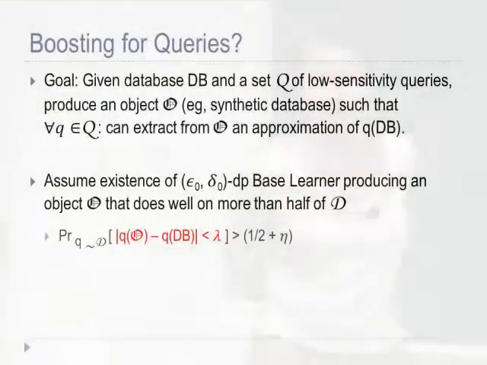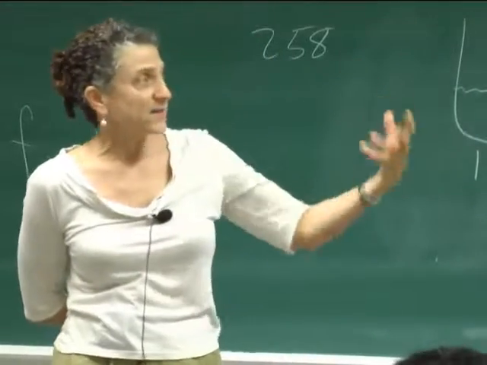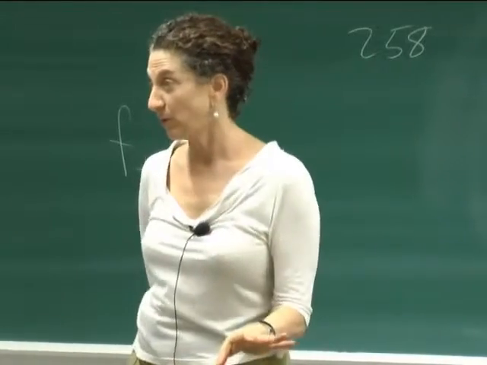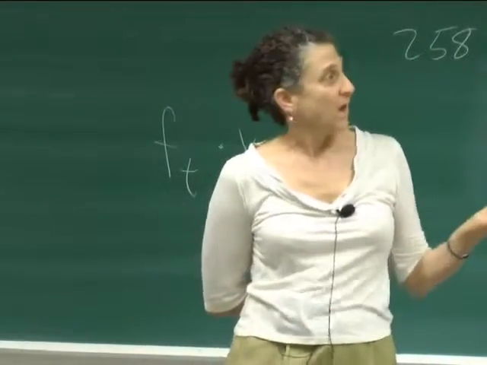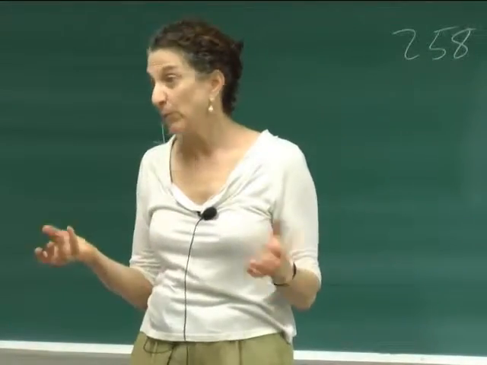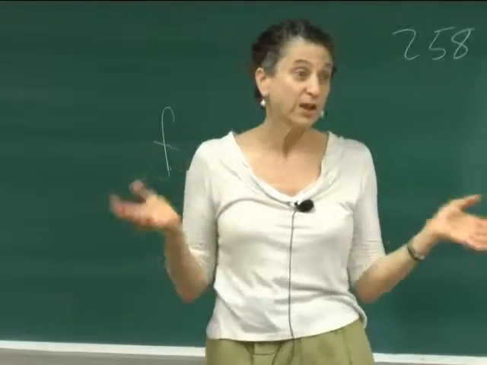So our goal is the following. Given a database, which I'm calling DB, and a set Q of low sensitivity queries. They don't have to be counting queries. I want to produce some kind of an object. Maybe it's a synthetic database, but maybe not. Maybe it's some kind of generalized data structure. That's why I'm just calling it an object.